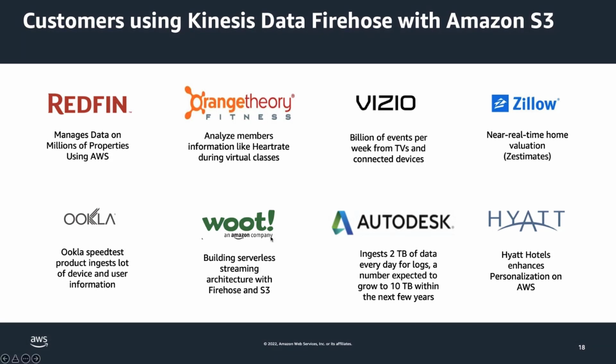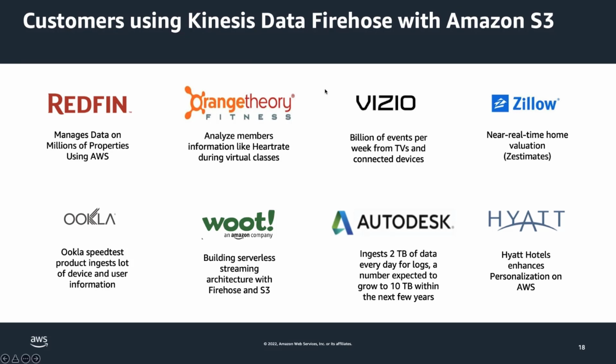Orange Theory, for example, started in the pandemic. They started offering virtual classes and collecting member information, analyzing things like heart rate during the virtual class, and sending them to the coaches to customize the program for their members. That generates a lot of streaming data, and it goes through Firehose to S3.